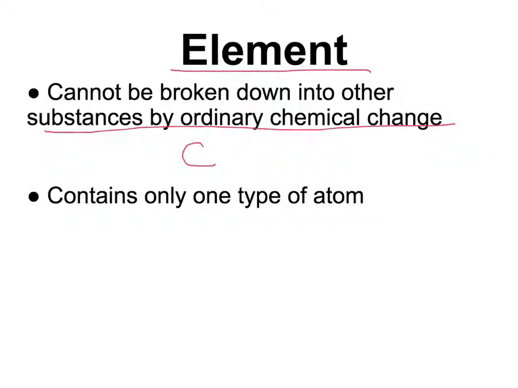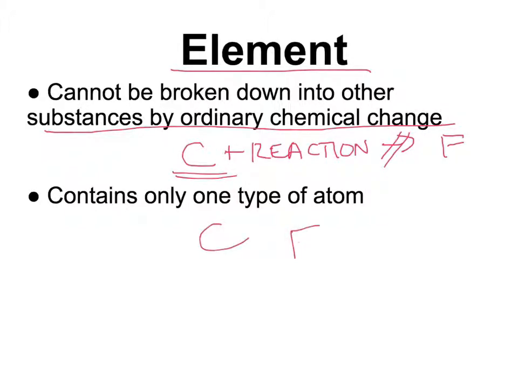A carbon atom is always going to be a carbon atom, no matter what you do as far as a reaction, right? It doesn't turn into, let's say, fluorine or something like that. It doesn't work that way. Carbon will always remain carbon, and an element can only contain one type of atom. Carbon and fluorine are different elements that each contain only one type of atom.